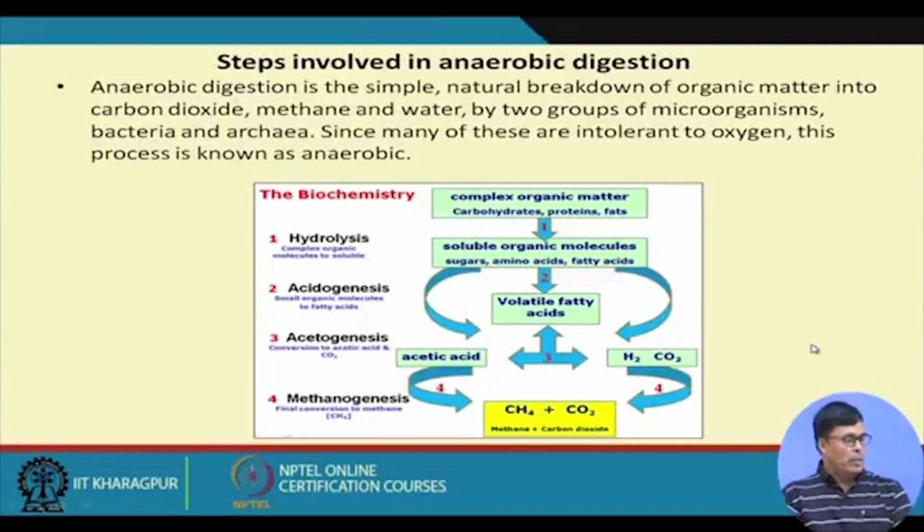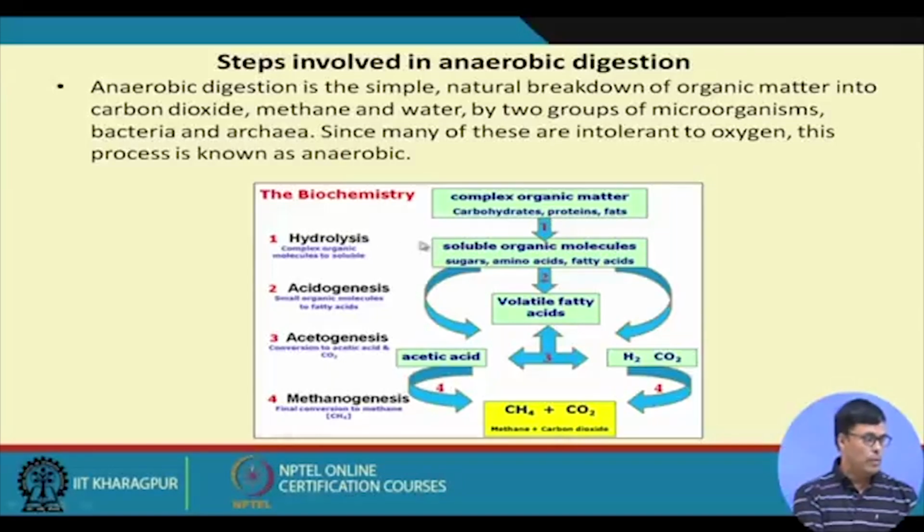If you look at the steps of the degradation involved in anaerobic digestion, it is like this: hydrolysis. First, the organic material, carbohydrates present in the form of starch and cellulose, then proteins and fats, all are bigger molecules. They hydrolyze.